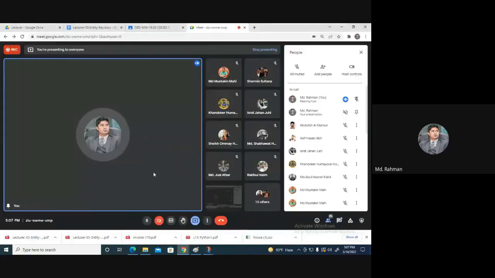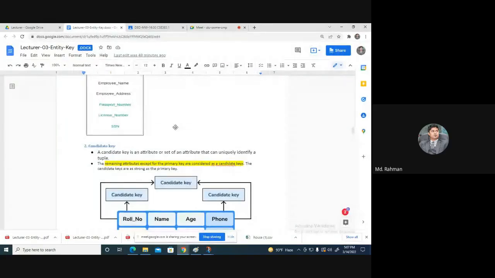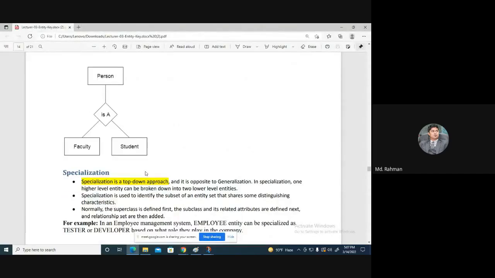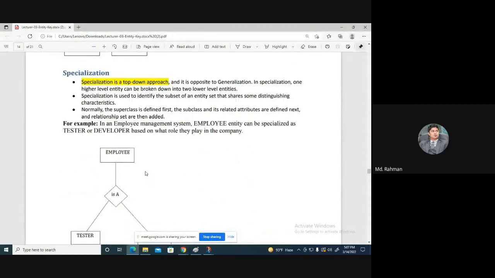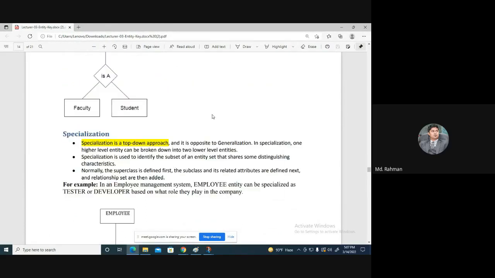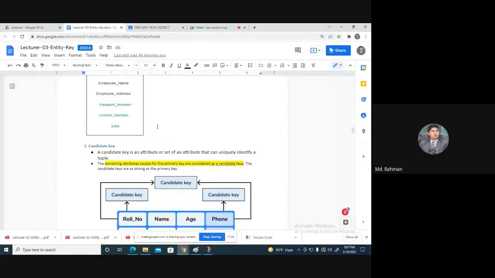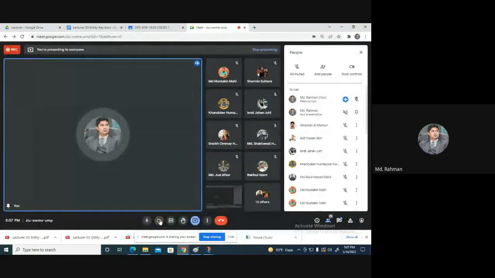And the opposite is specialization. What is specialization? Simply, you can say specialization is a top-down approach. You can understand it as the opposite of generalization, which I told you. So just the opposite, right? And things are very easy.